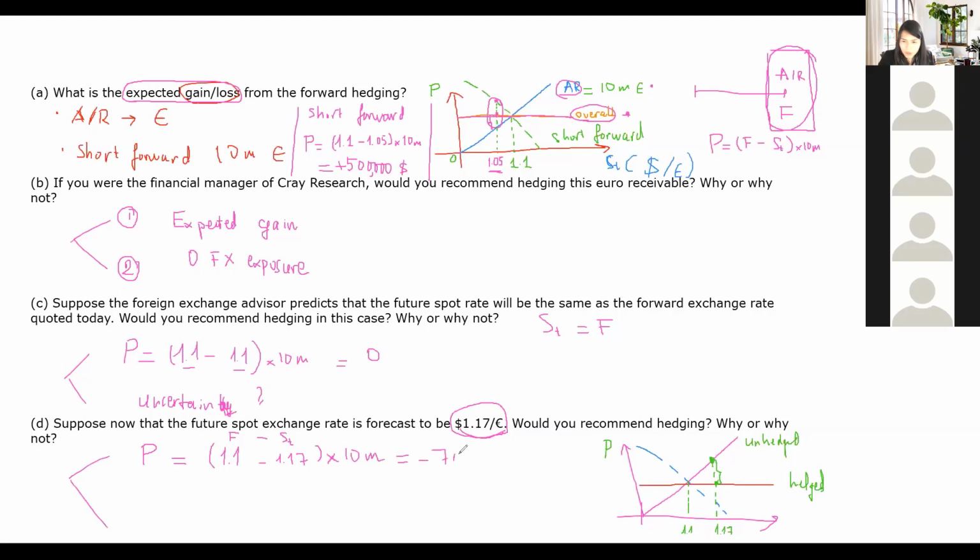So as a result of the new exchange rate, my expected future gain or loss for the forward hedge is going to be a loss of $700,000. So in other words, it's a bit hard for me to justify the hedging instrument, given that the expected outcome is a negative outcome.